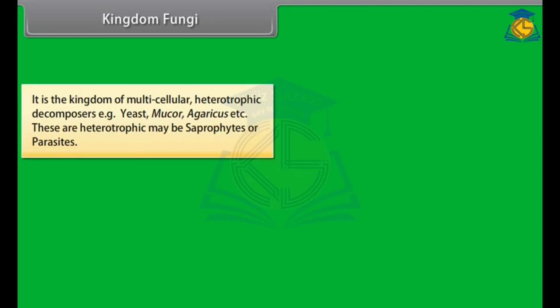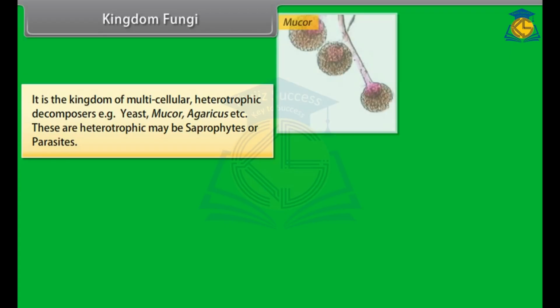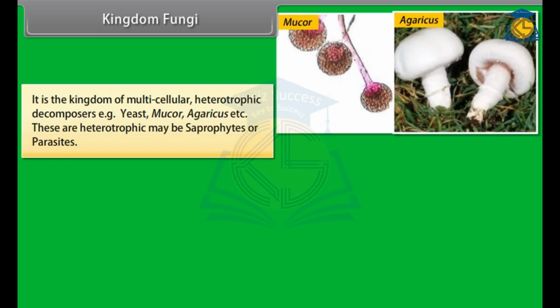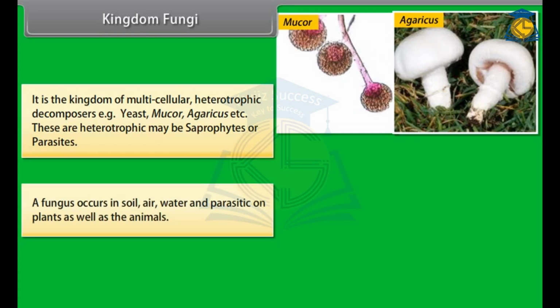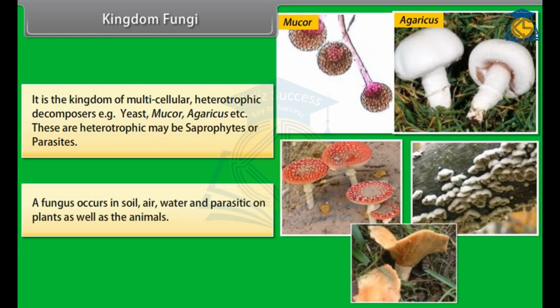Kingdom Fungi. It is the kingdom of multicellular heterotrophic decomposers. For example, yeast, Mucor, Agaricus, etc. These heterotrophs may be saprophytes or parasites. A fungus occurs in soil, air, water, and is parasitic on plants as well as animals.